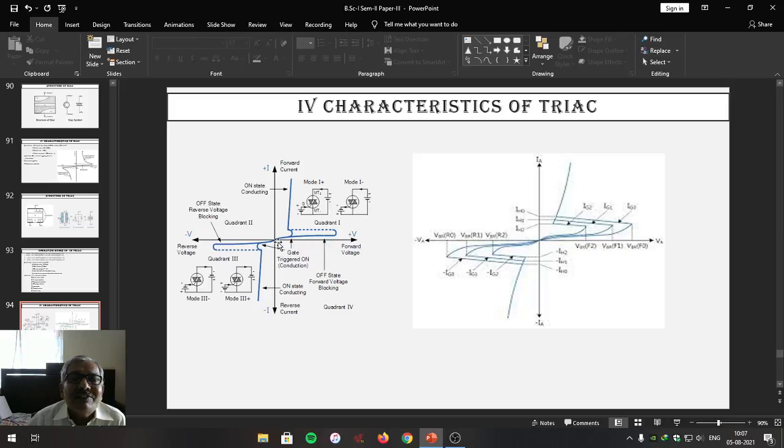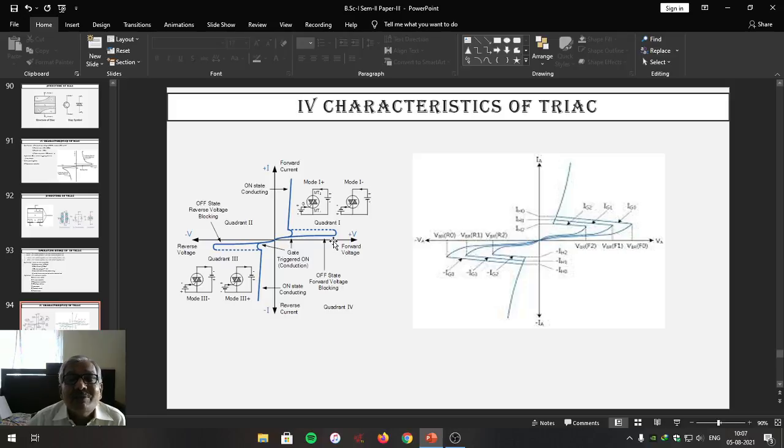And if you look at the characteristics, what we observe is, at the beginning, when the supply voltage provided to MT2 and MT1 is 0, naturally current is 0. Triac doesn't conduct the current. When supply voltage is increased up to its breakover voltage, up to this the triac doesn't conduct.